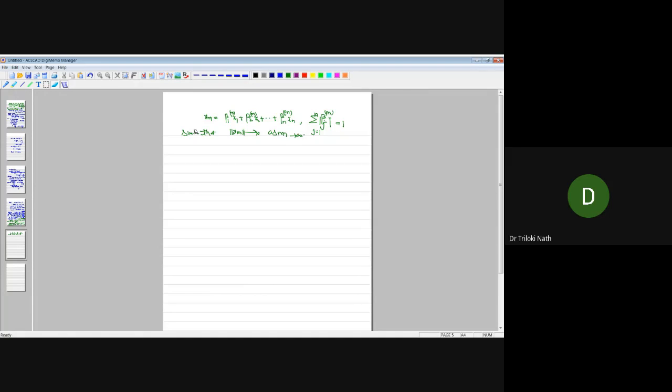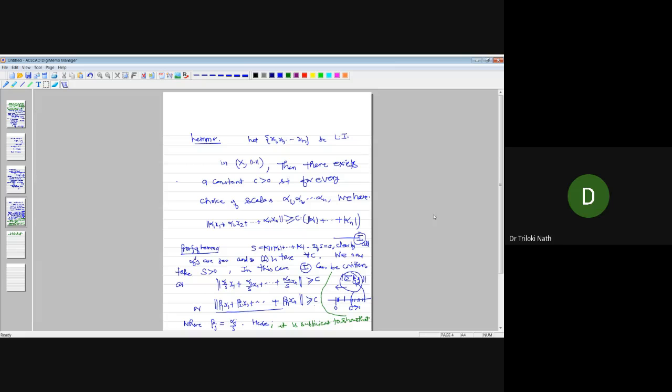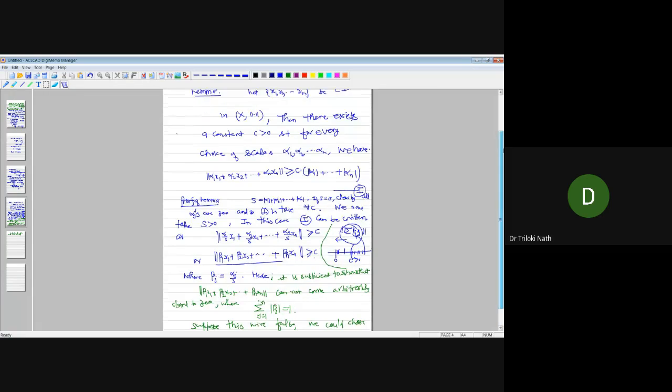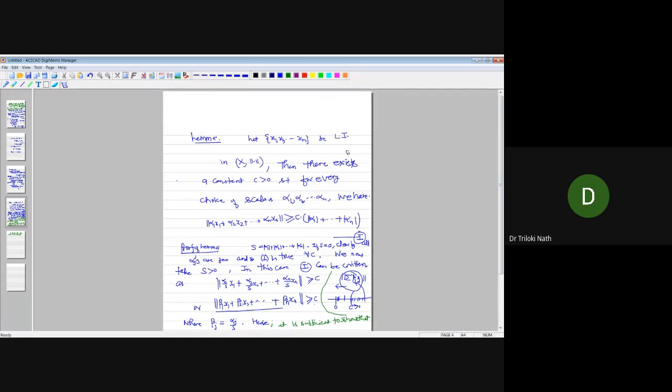Let me repeat again what we have done, because it is very important. So what is the proof of the lemma? The result is that if x1, x2, xn are linearly independent vectors in any normed space, then you can find a constant c greater than 0, such that whatever the choice of scalars alpha 1, alpha 2, alpha n you consider, you have this one.